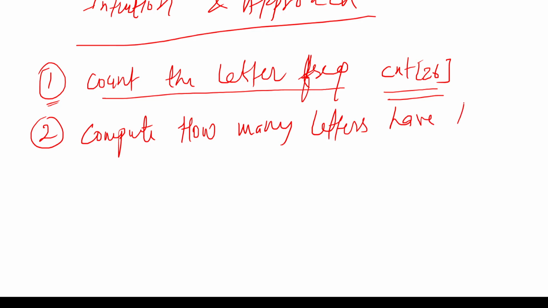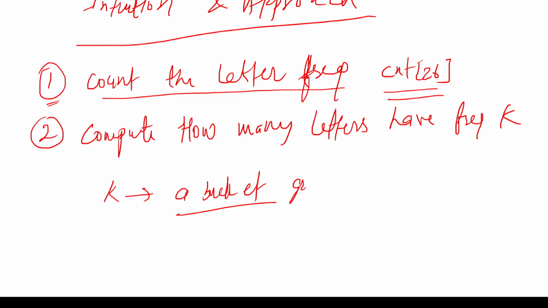Understand? Then we have to compute how many letters have the frequency K. So K is, we'll say, a bucket. Bucket is nothing but a group size at K, right?